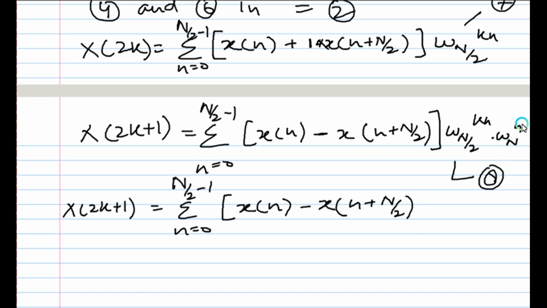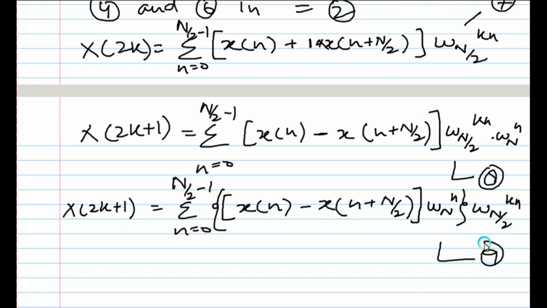I can bring this W n inside these brackets, so I will just close this bracket first. So this will be W n raised to power n multiplied by W n by 2. That means this is 7. This was 7 for x of 2k, that's the even part, and this is for x of 2k plus 1, that's the odd part.